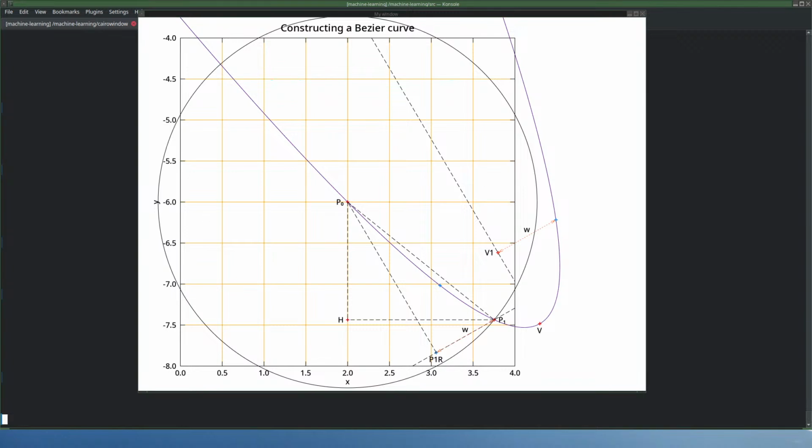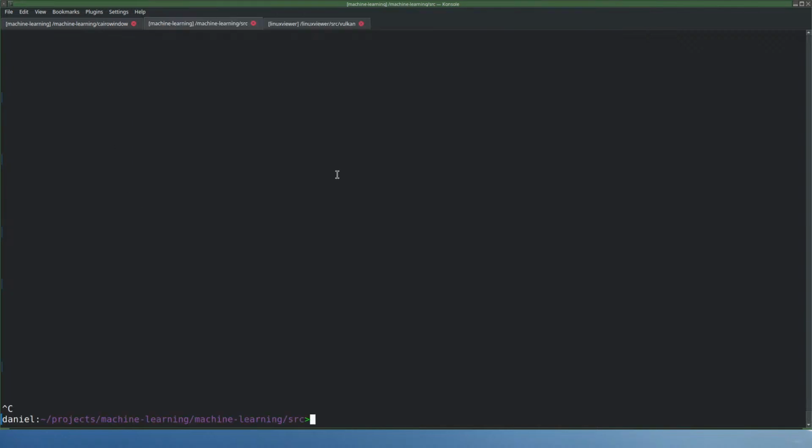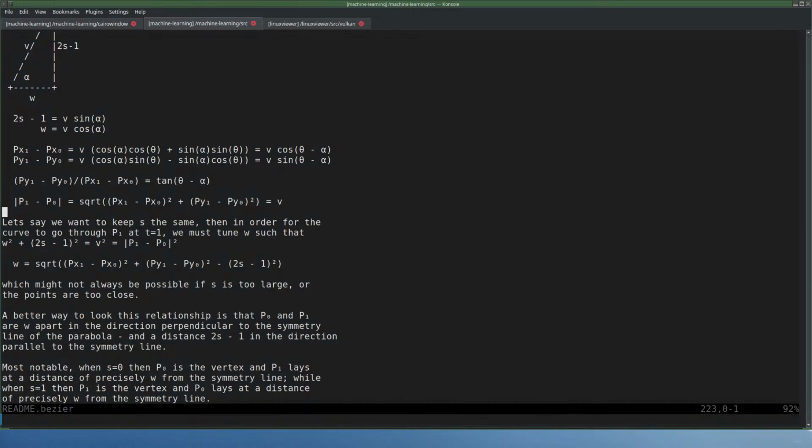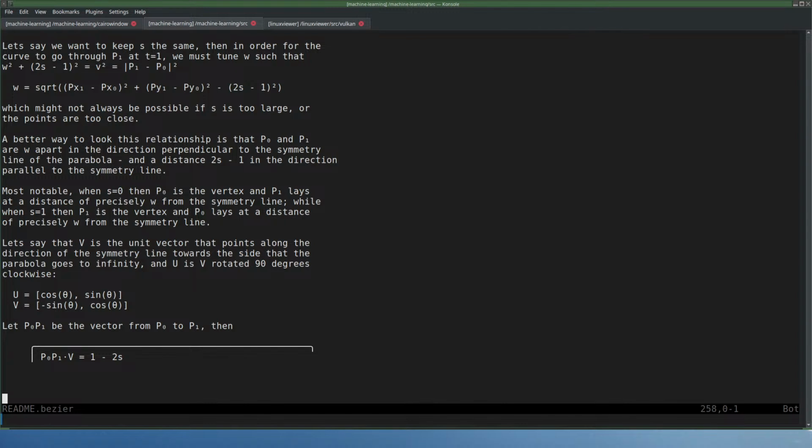So I'm capturing that in my README file, because no memory and stuff. I wanted to describe this mathematically, and for that I need direction vectors along the symmetry line.